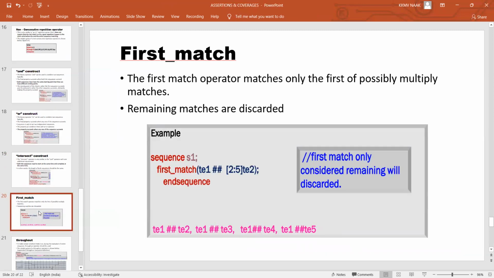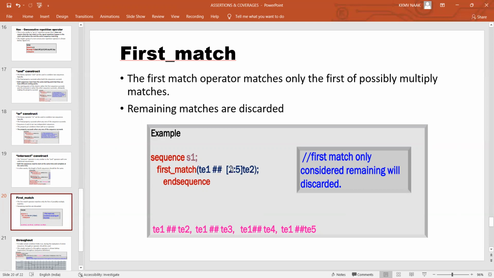Coming to first_match, you can use this operator in this way. It matches only the first of possibly multiple matches, and the remaining matches are discarded. Here, if you observe, when T1 is high, after 2 to 5 clock delays your TE2 should be high.